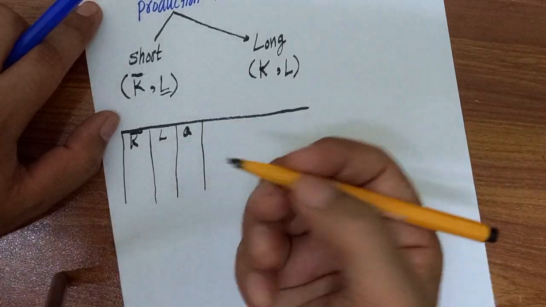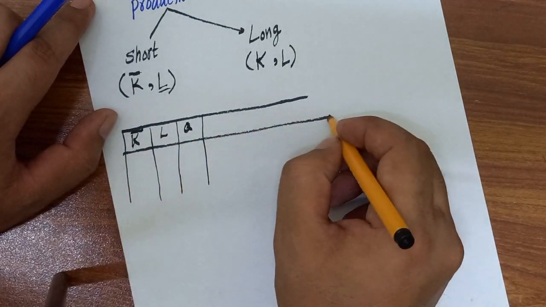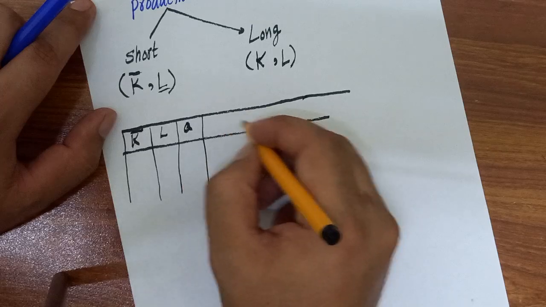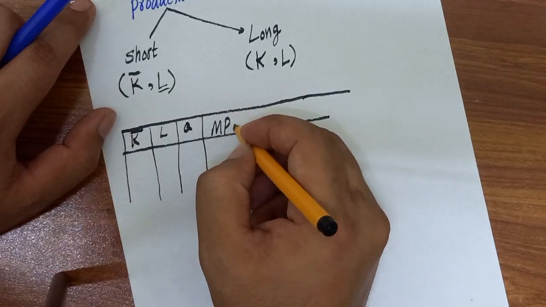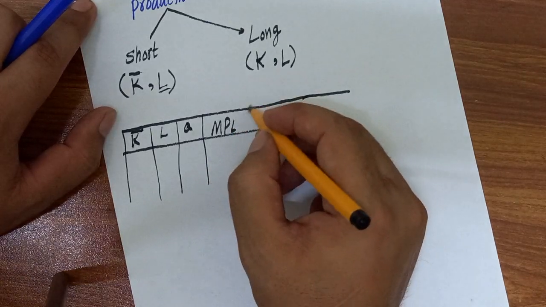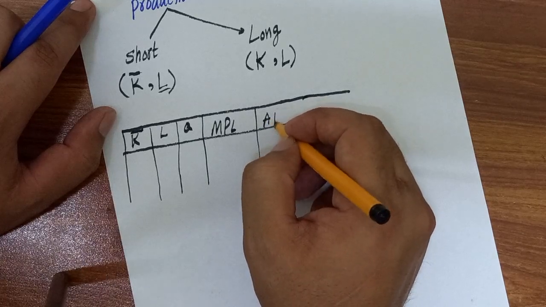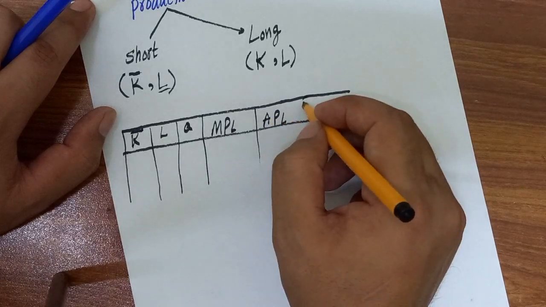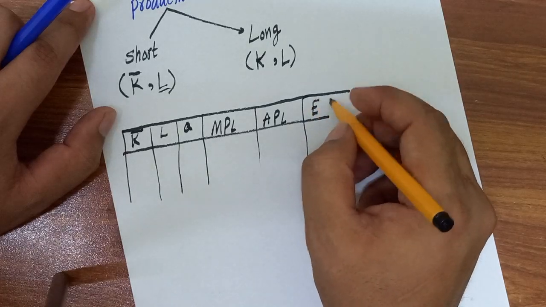Quantity means the product output, and we will find MP, marginal product of labor. We will find average product of labor, and we will find elasticity of output.